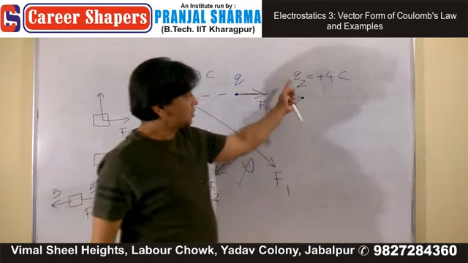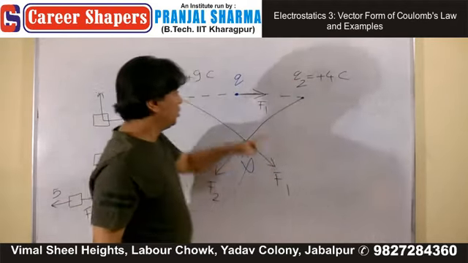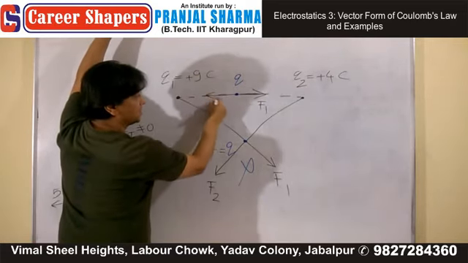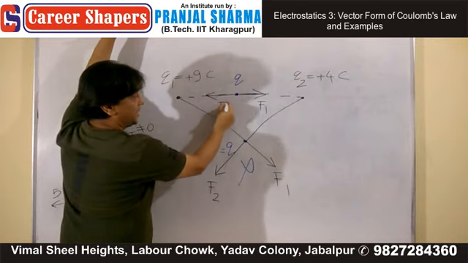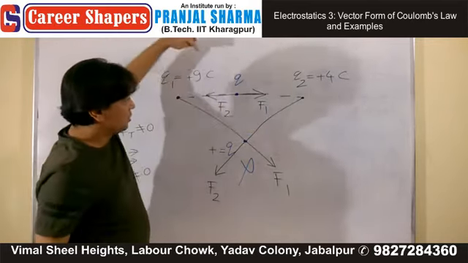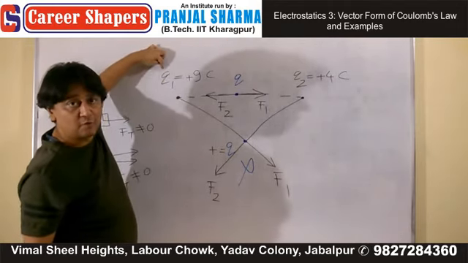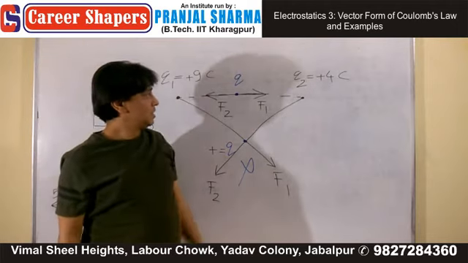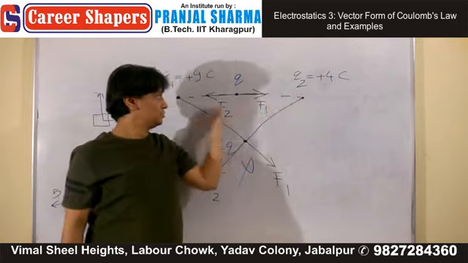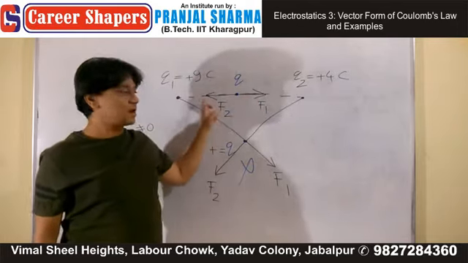Again, Q2 being positive will repel Q in this direction. Call it F2. What is F1? Force of repulsion on Q coming from Q1. What is F2? Force of repulsion coming from Q2. You can see that their directions are opposite.